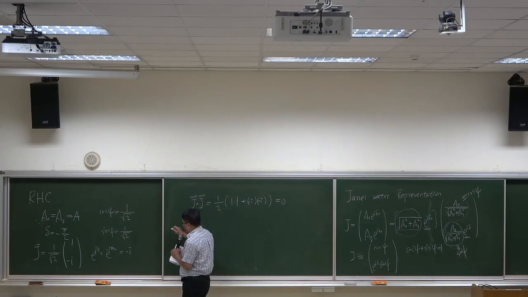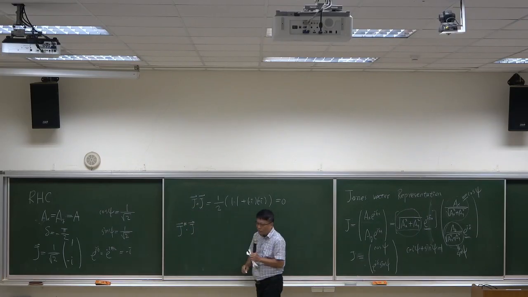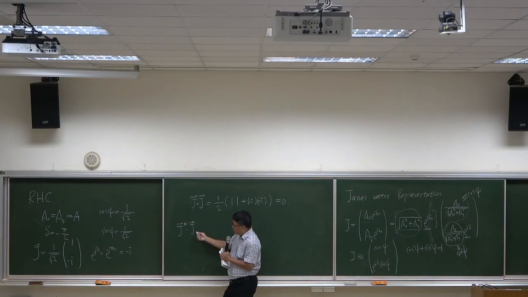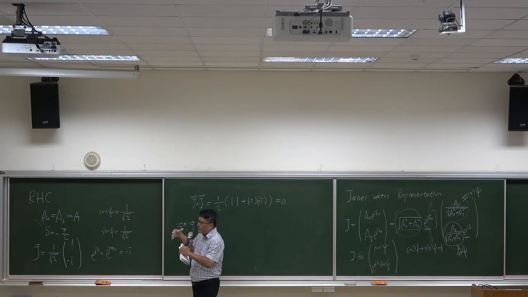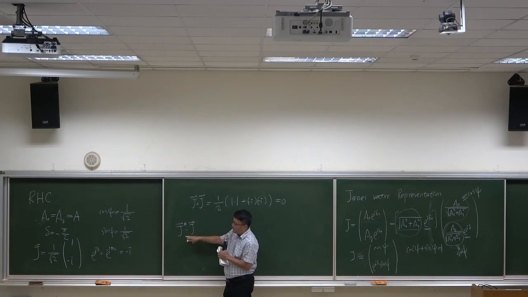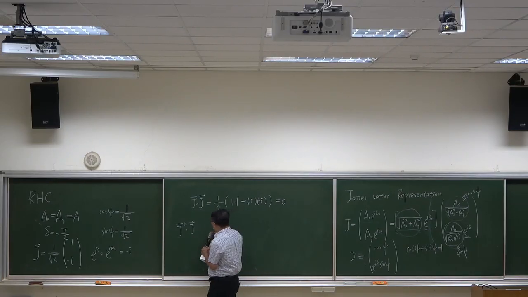The correction is that we should define the scalar product between the J vector and itself as J star dot J. This is the correct definition of scalar product.